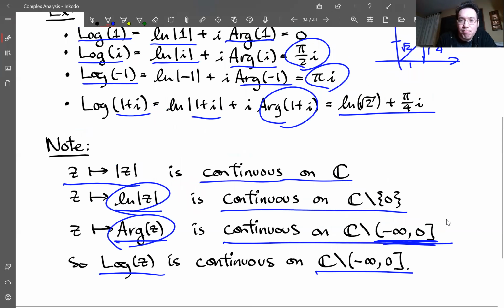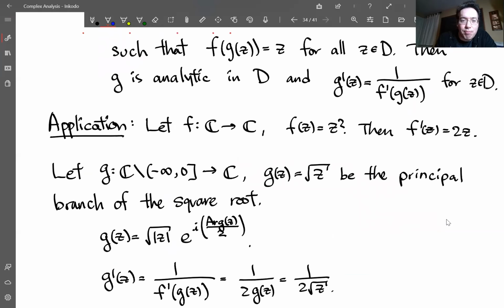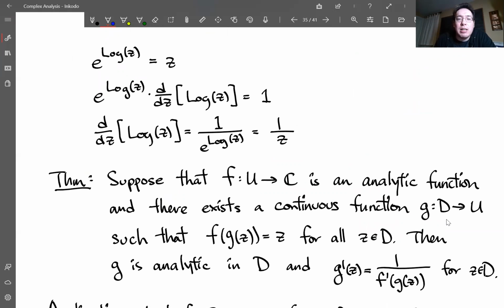And here's a trick we could use to compute the derivative of the log function. We know that the log function is an inverse to the complex exponential function. So we know that e to the Log of z is equal to just z.